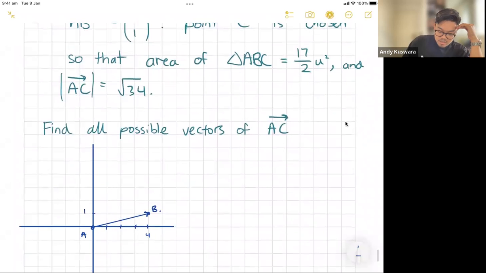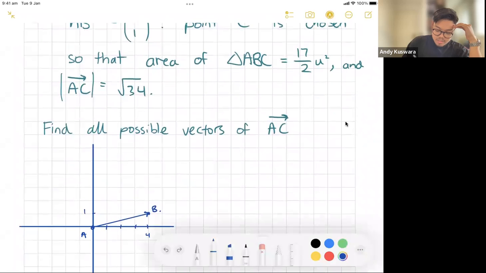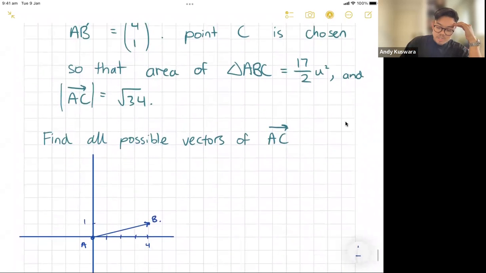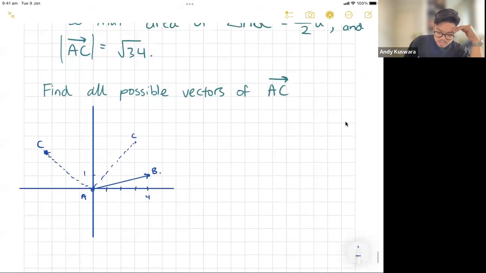So that means for C, there are probably a couple of different options, and I'm going to dot these in so you can start to see. I know that I'm making a triangle and I know that the area has to be 17 on 2 units squared. So there's probably going to be a C here, a C in this quadrant, a C somewhere in this quadrant, and a C somewhere in this quadrant too.